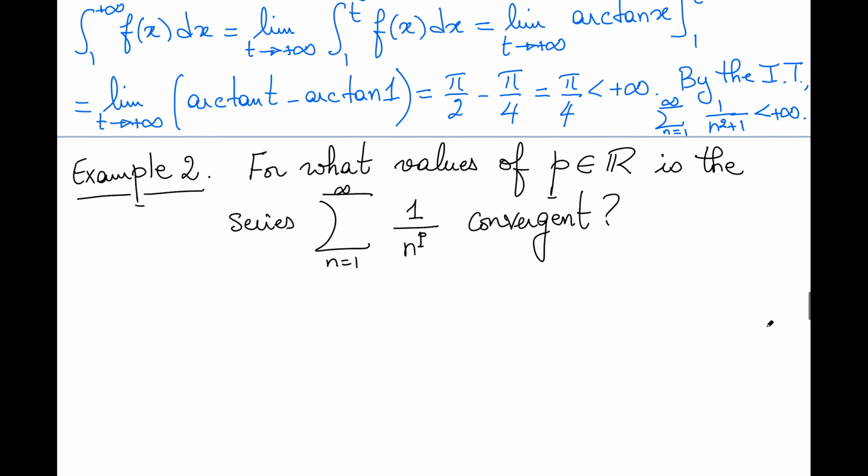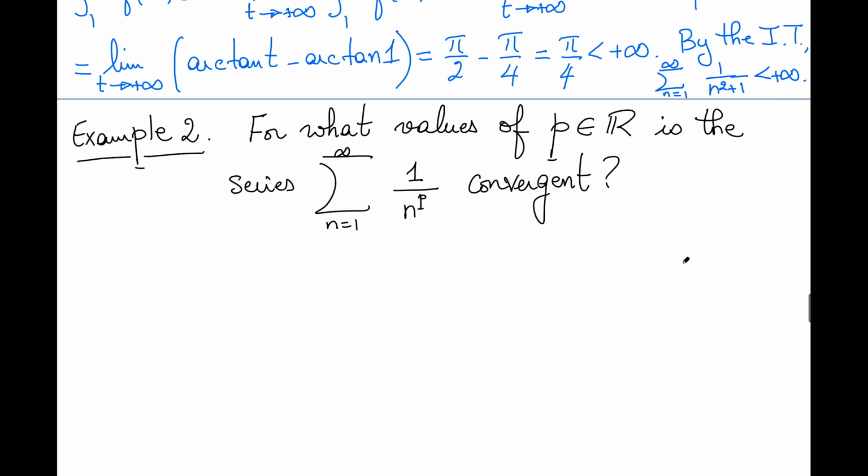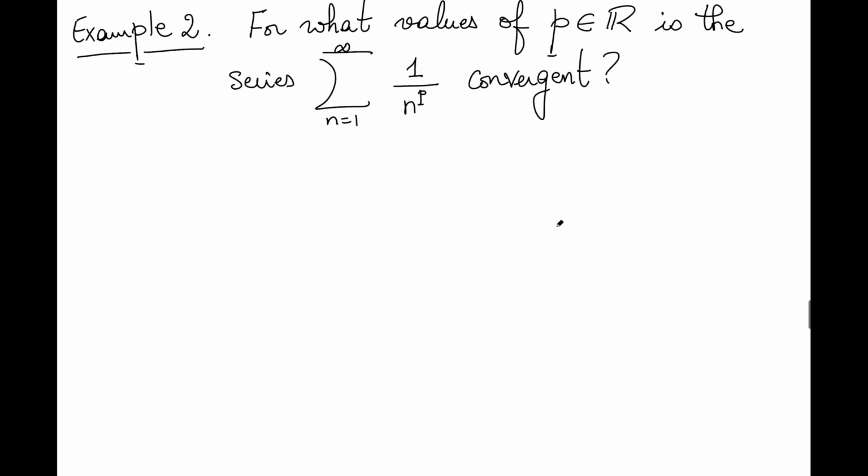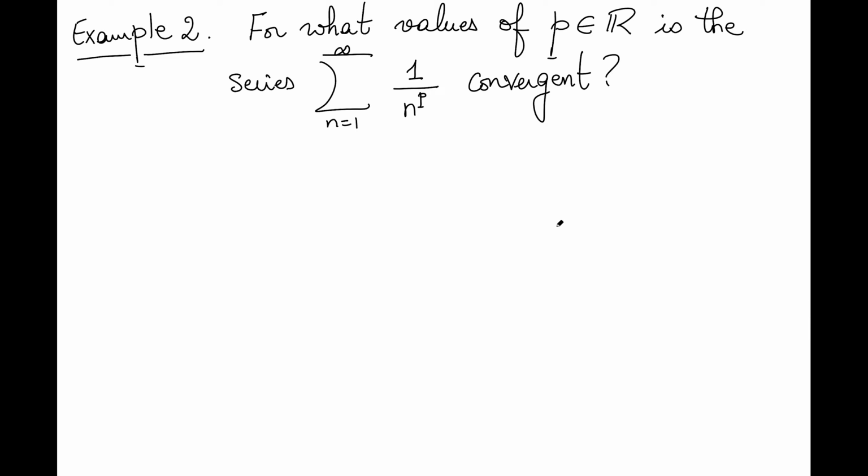Example 2. For what values of real numbers p is the series 1 over n^p convergent? All right. So what should be p here for this series to be convergent, right? This is the question. Okay, so what happens if p is negative?